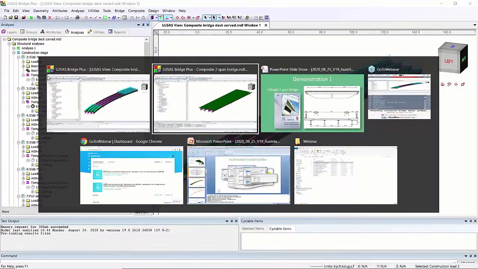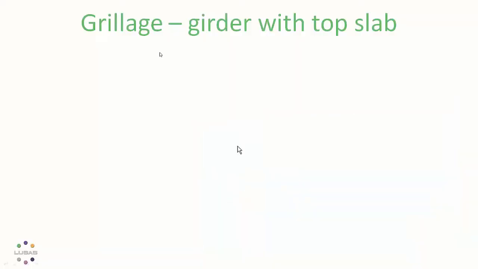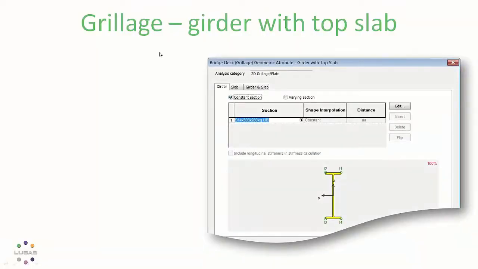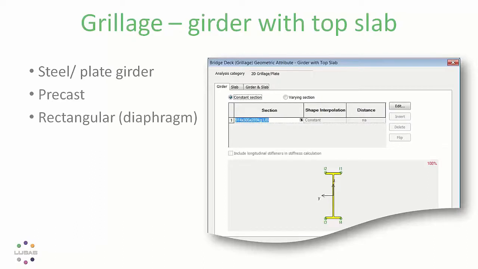Now, if I go back to the PowerPoint here, I now want to talk about the new grillage sections that are being implemented into LUSAS and how they can help you. These grillage sections can be a steel plate girder, they can be precast, they can be rectangular, a diaphragm section, or they can be an arbitrary section.